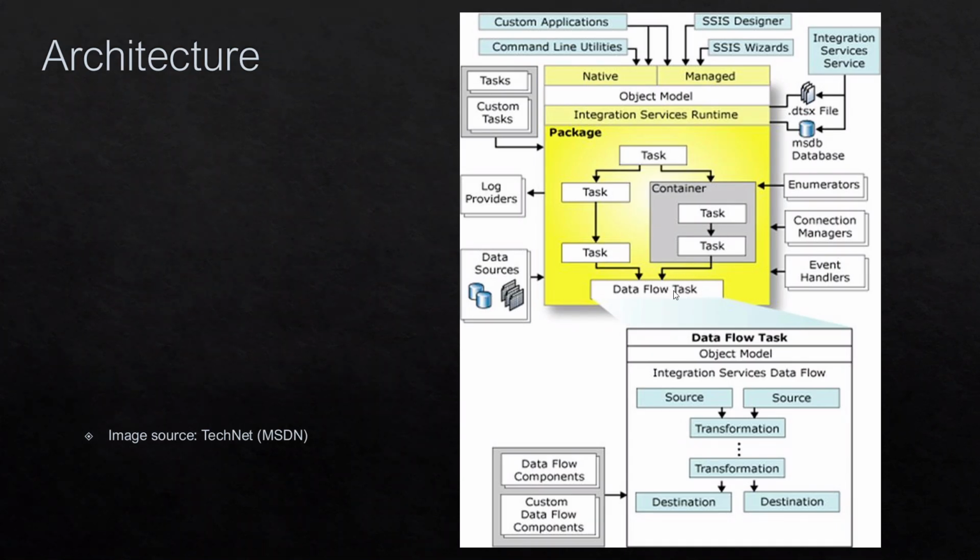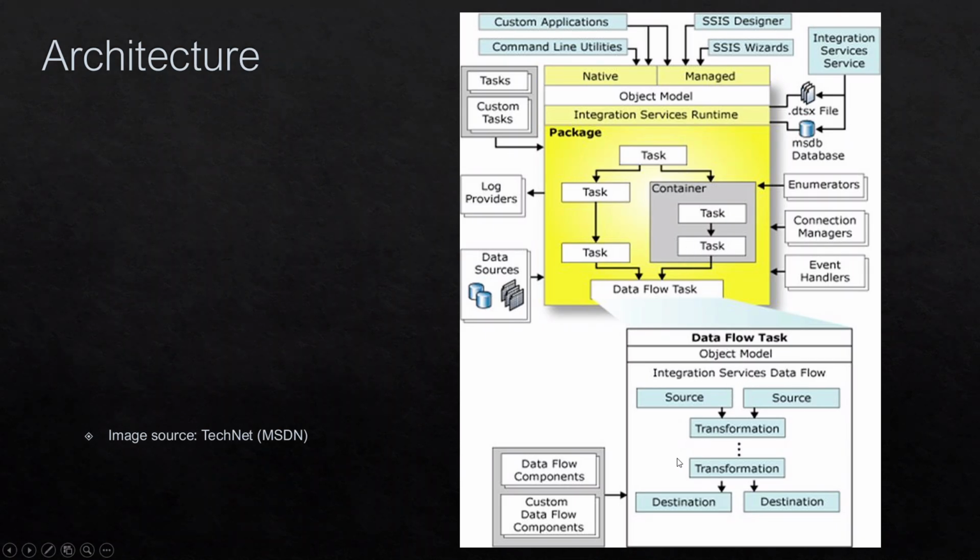If you open the data flow task, we can see multiple sources and transformations, and finally the destinations. So the main components of the SSIS architecture are these two: the control flow, the first one in the yellow color, and the second one is the data flow task.